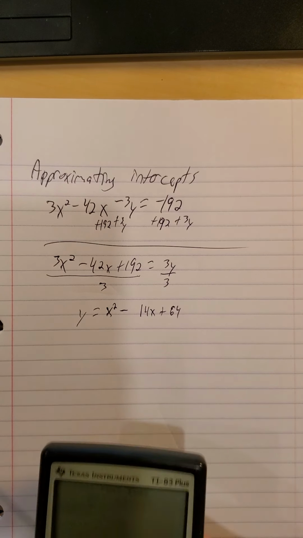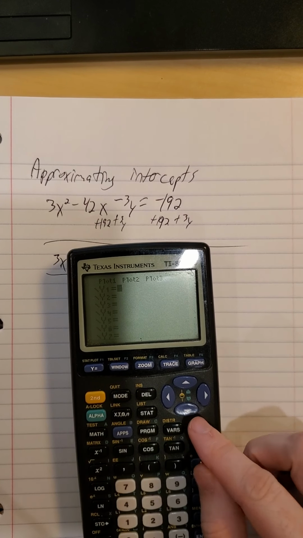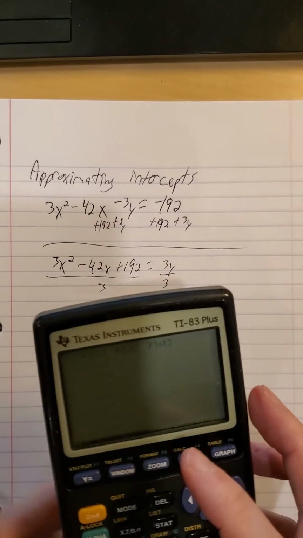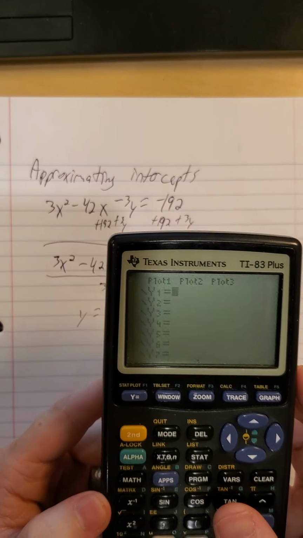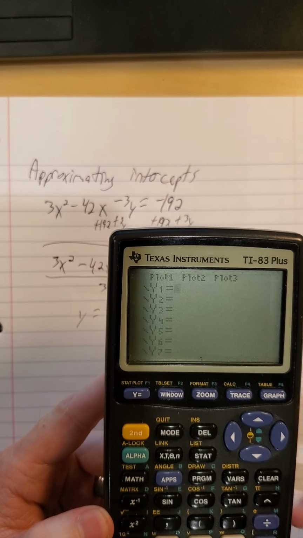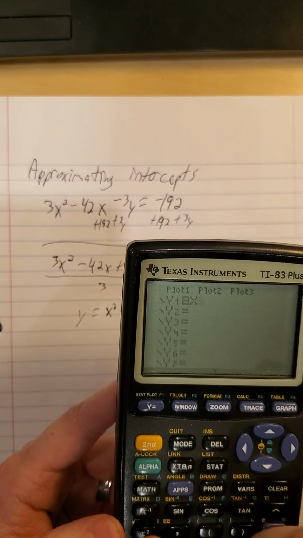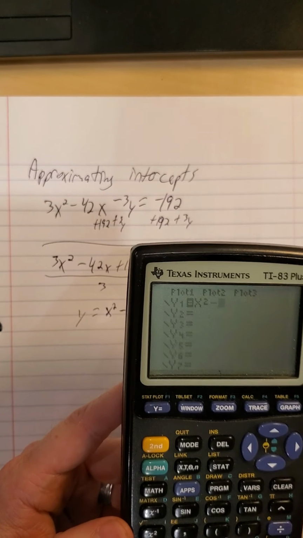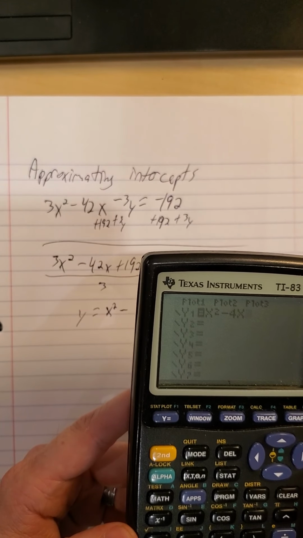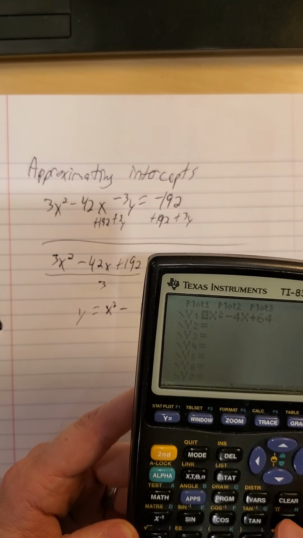So we go to our y equals. We clear out any old functions that we have in our y1. So x squared minus 14 times x plus 64.